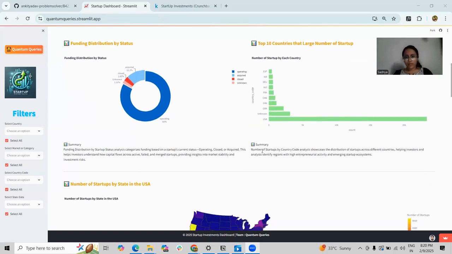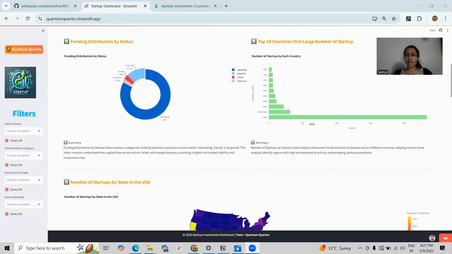Again, the number of startups by country code analysis showcases the distribution of startups across different countries, helping investors identify regions with high entrepreneurial activity and emerging startups. So here we can see that the USA has high entrepreneurial activity and an emerging startup ecosystem.